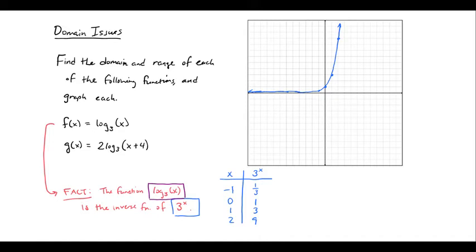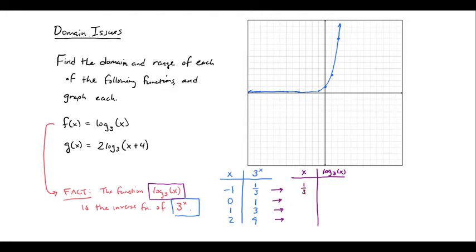Now, if I want to know what the graph of the logarithm looks like, I can use the fact that the logarithmic function is the inverse function of the exponential, so I can create a table of values for this as well. But I'm going to do something a lot quicker, which is to take these ordered pairs and switch them, because an inverse function switches the roles of input and output.